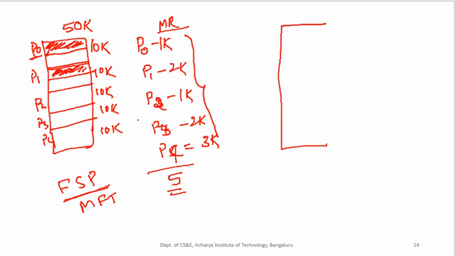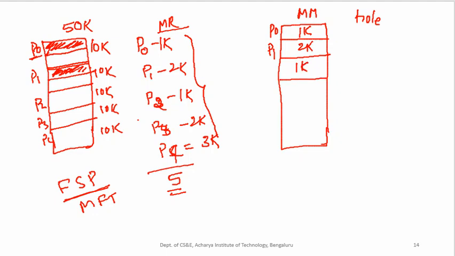Let us take the same scenario and apply MVT, that is variable size partitions. So when P0 comes in, in this case the entire main memory is treated as a whole. When P0 comes in, it is given 1K space, and when P1 comes in, it is given 2K, and so on.